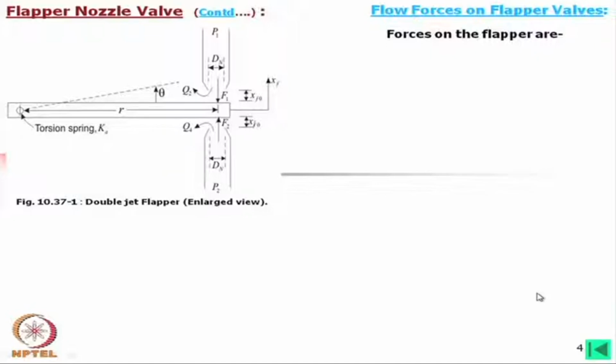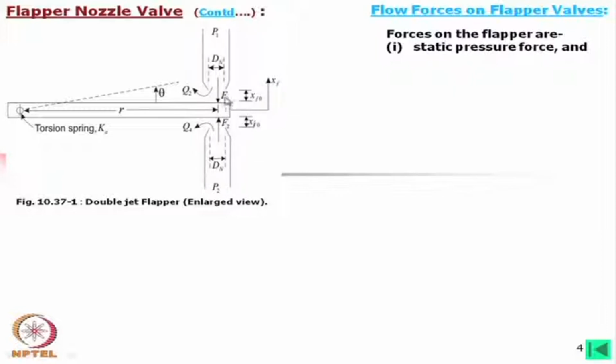Now, if we look into the forces on the flapper, one is the static pressure force. Here, if we look into this flapper nozzle valve with double jet, you can see how it is working. Suppose we would like to move this flapper in this direction, we need to have more force than that.